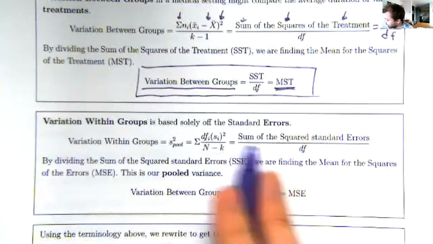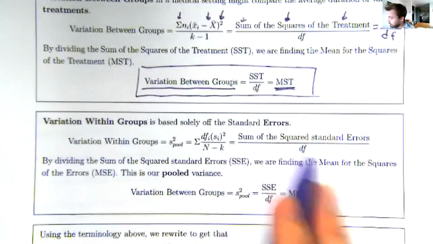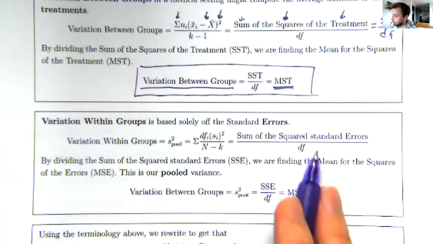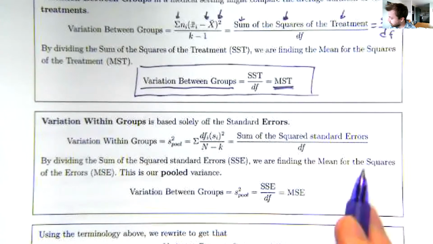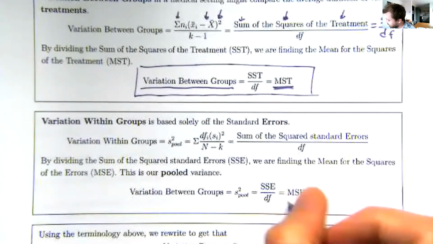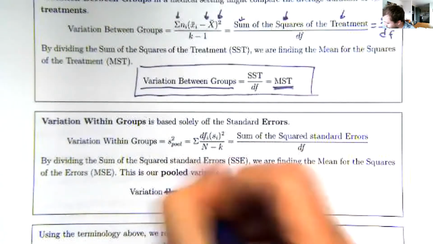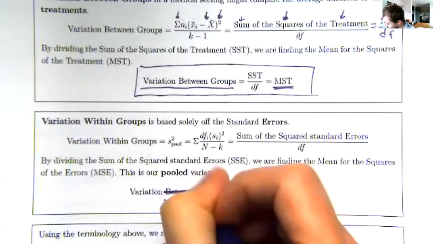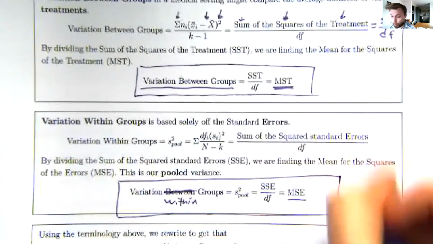Now, likewise, when I divide this by the degree of freedom, I am taking a sum divided by some sort of a total. And by doing a sum divided by the total number of terms, this becomes an average. This is the mean of the squares of the error. We call this the MSE. And the MSE is the variation within groups, which is the same thing as my pooled variance.